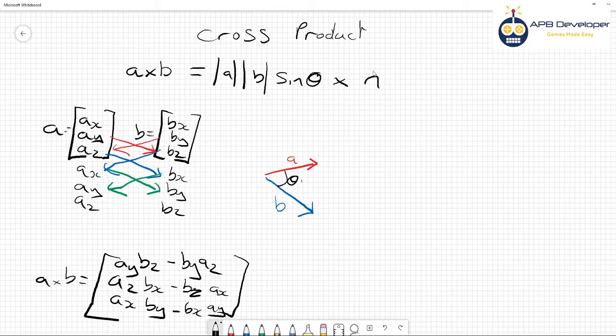And this is a vector, which is perpendicular to both A and B. So effectively, n will be perpendicular to the plane that A and B are on, with the magnitude of the length of A times the length of B times the sine of the angle between them.